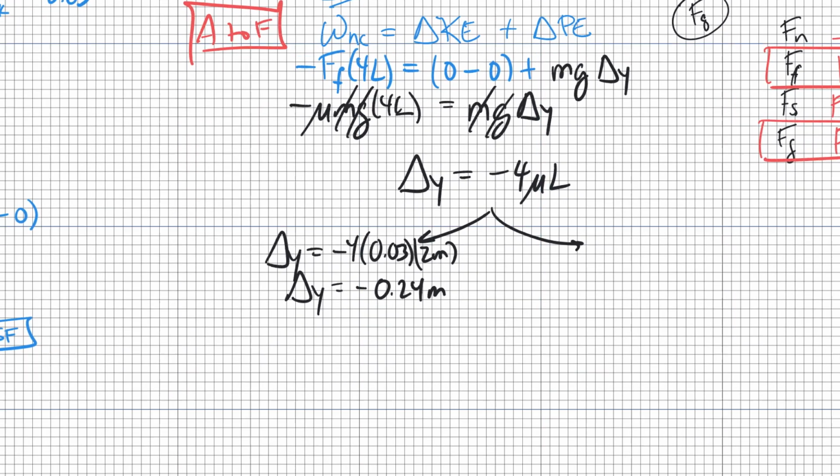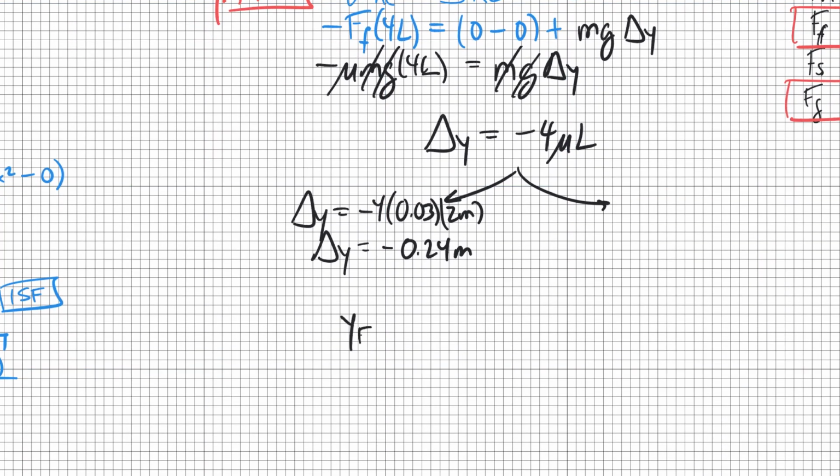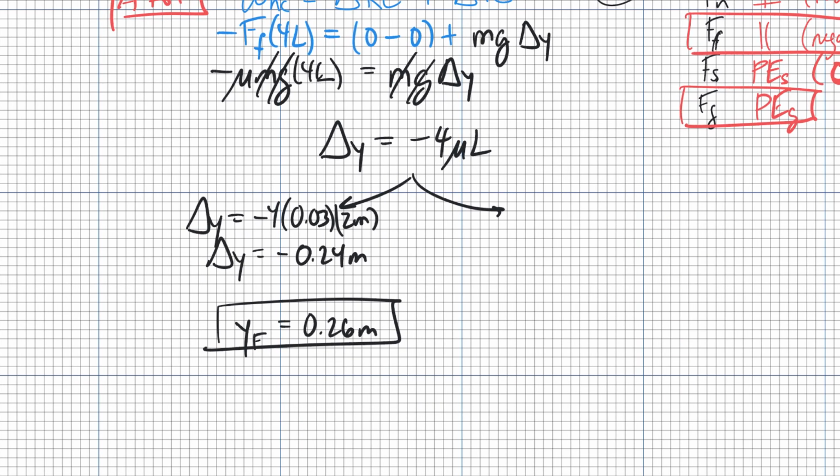So if we go down 0.24, I'm going to get YF is 0.26 meters. Totally reasonable. Or you could expand delta Y, and you could say, well, that's Y final, YF, minus YA equals negative 4 times 0.03 times 2 meters.